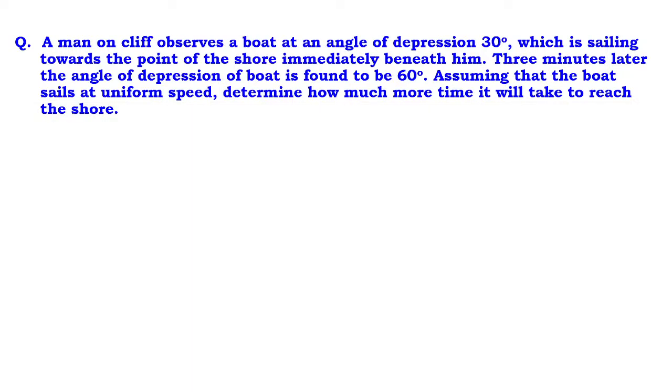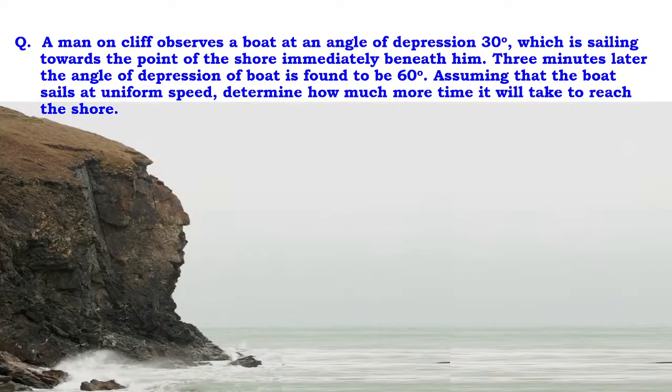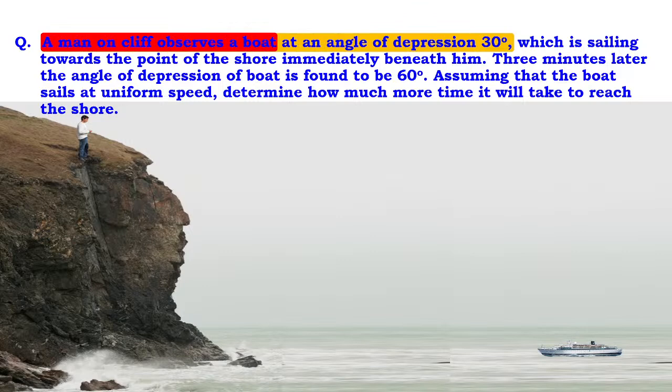A man on a cliff observes a boat at an angle of depression 30 degree, which is sailing towards the point of the shore immediately beneath him. 3 minutes later, the angle of depression of the boat is found to be 60 degree. Assuming that the boat sails at a uniform speed, determine how much more time it will take to reach the shore. So this is the cliff. The man is observing a boat there.